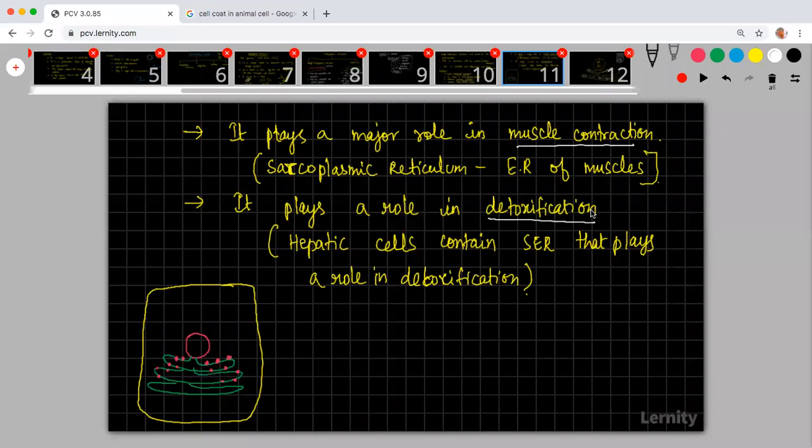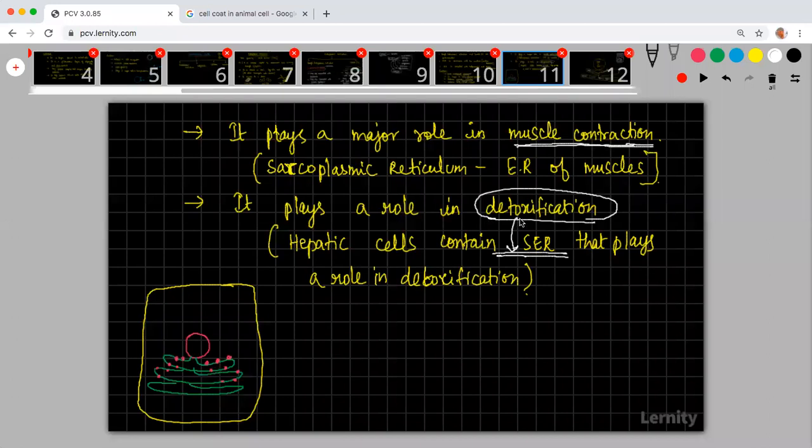I am not differentiating between rough or smooth. But there are certain functions like detoxification, which is concerned only with smooth endoplasmic reticulum. Whereas muscle contraction involves both RER and SER.